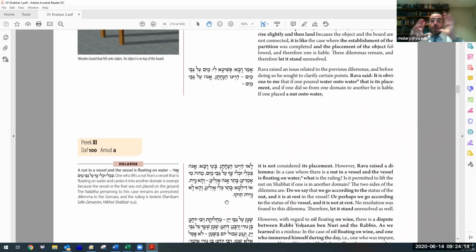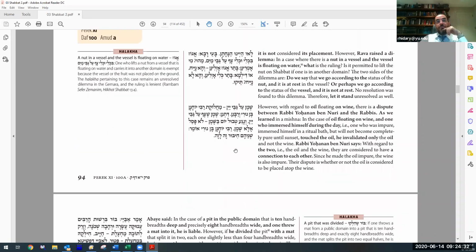Or do I look at the whole bowl? And so since the bowl is not resting, the nut, which is dependent on the bowl, is also not resting. Teku. So if I would take that nut from there in the Shut Rabim and move it to the Shut Yachid, did I take something that was at rest or was it not at rest? And so that question is left standing, or left floating, you might say.